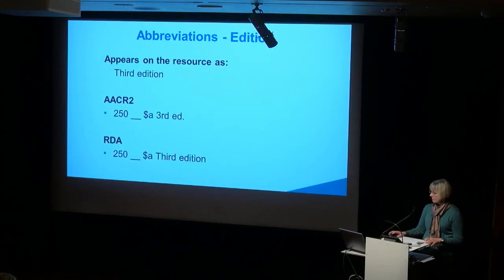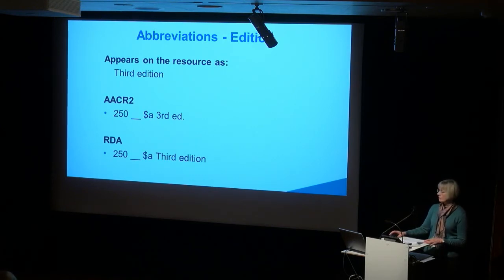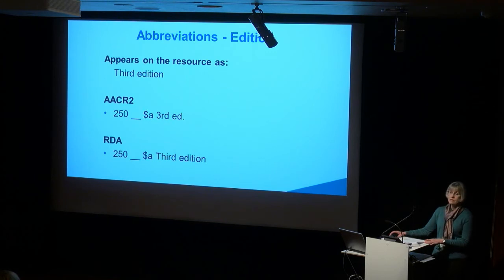But the idea is to convey exactly what the resource has in terms of the illustrations, and make sure it's as readable as possible for the user. Again, with editions, we no longer abbreviate any editions. If it says on the source 3rd edition, that's exactly what we put down.